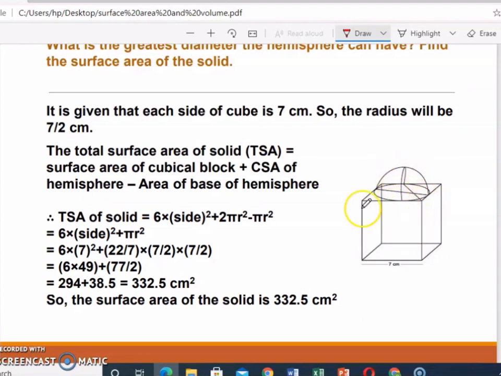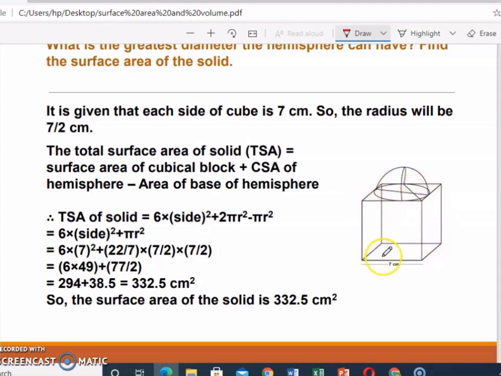Now you have to find the surface area of this entire solid. So which means you have to find the CSA of the hemisphere, because only the curved surface area is the outer part. The circular part is not on the surface, that is inside. So no need to include that. Only include the outer part, that is the CSA of the hemisphere.